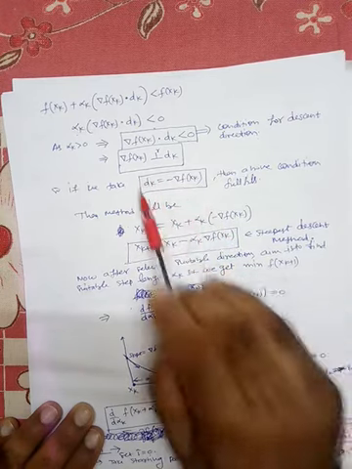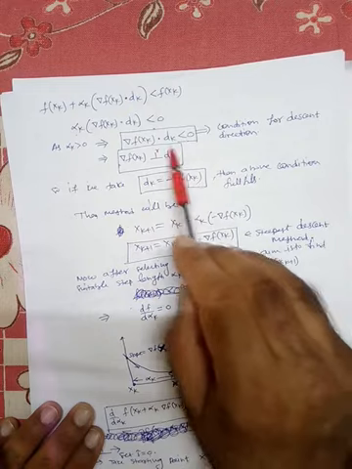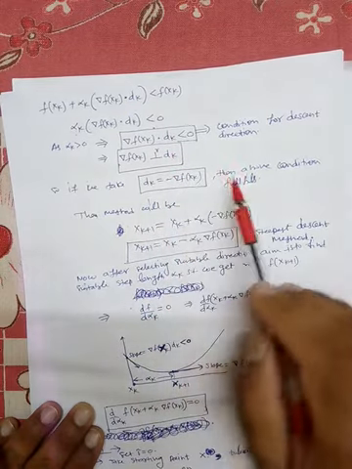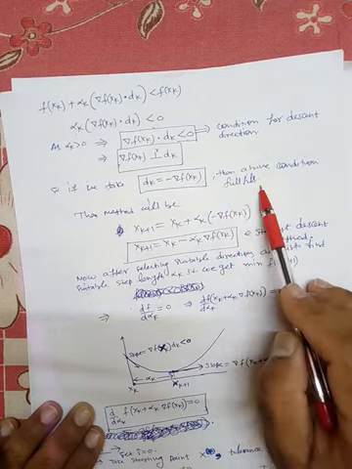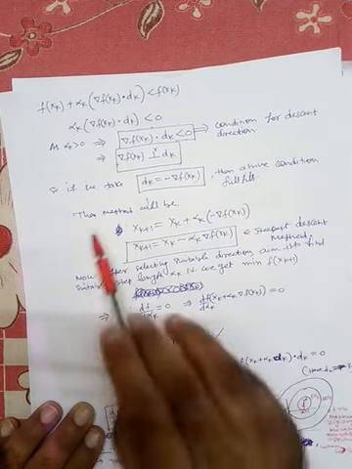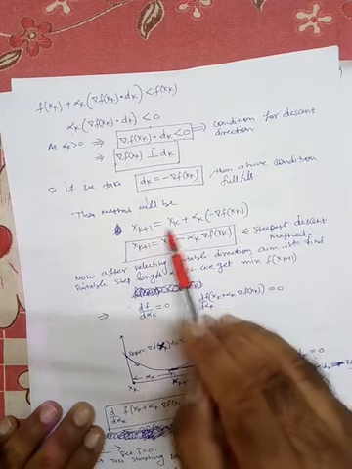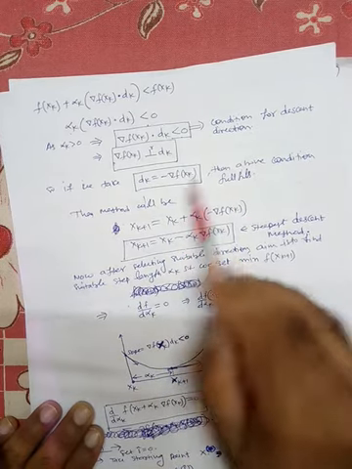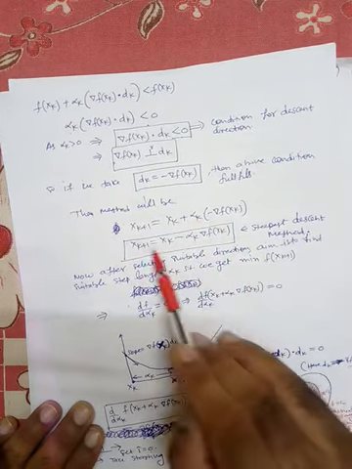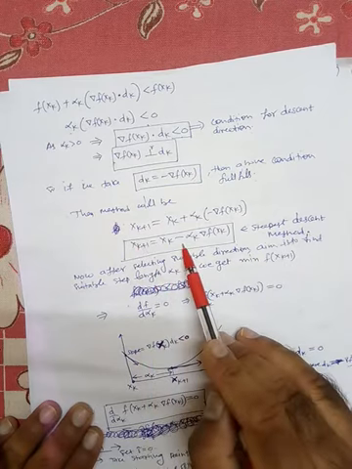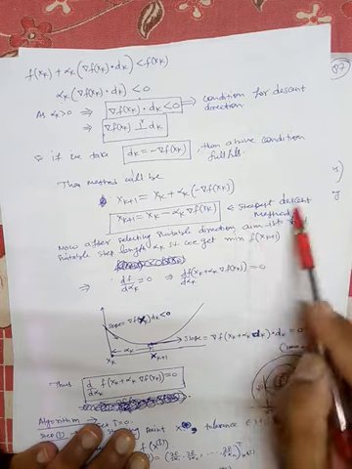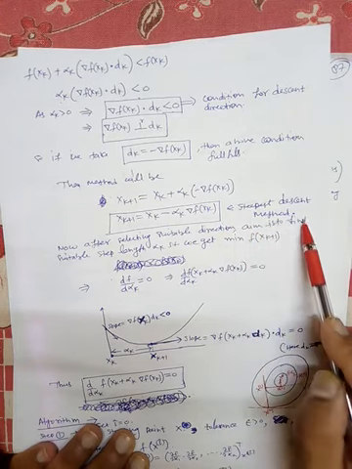If we take this dk, then this will satisfy this condition, hence the above condition is fulfilled. Then the method will be xk plus 1 equals xk plus alpha k dk, so xk plus 1 is xk minus alpha k gradient of f of xk. This is the steepest descent method.